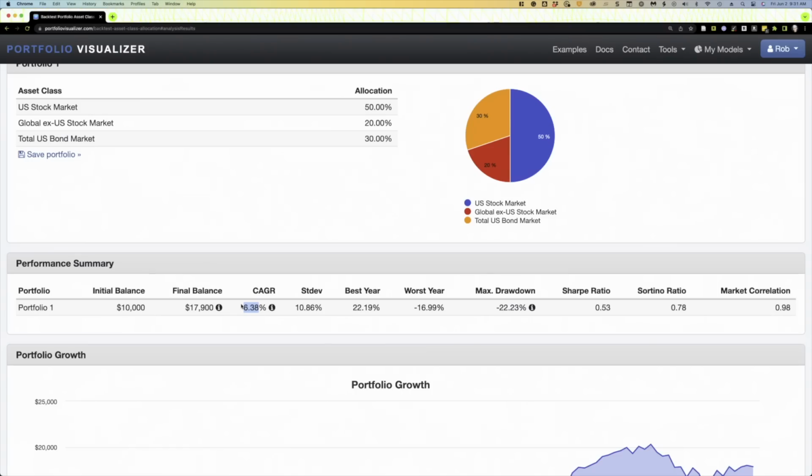Now, this is in some ways an overly simplified approach, for a couple of reasons. As I mentioned, you could be making contributions to this portfolio or withdrawals, and those would have to be factored in. The other complicating factor is you could have an advisor that's moving you in and out of mutual funds, ETFs, and other investments on a yearly or regular basis, and that could make comparing the returns a little more complicated.